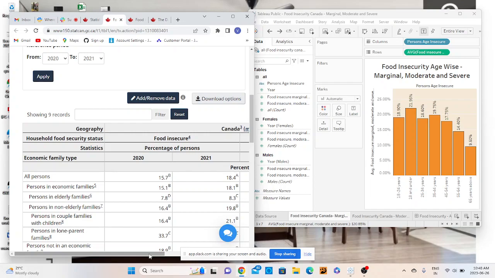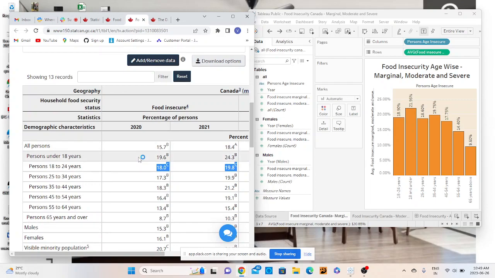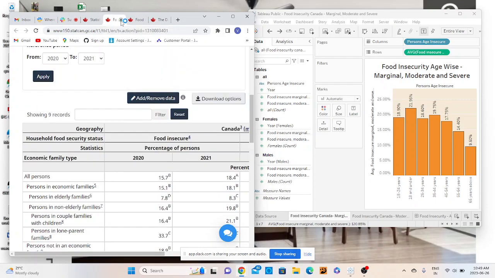Let me skip here. It's called grouped bar chart. Okay. So if you look at... let me show you.